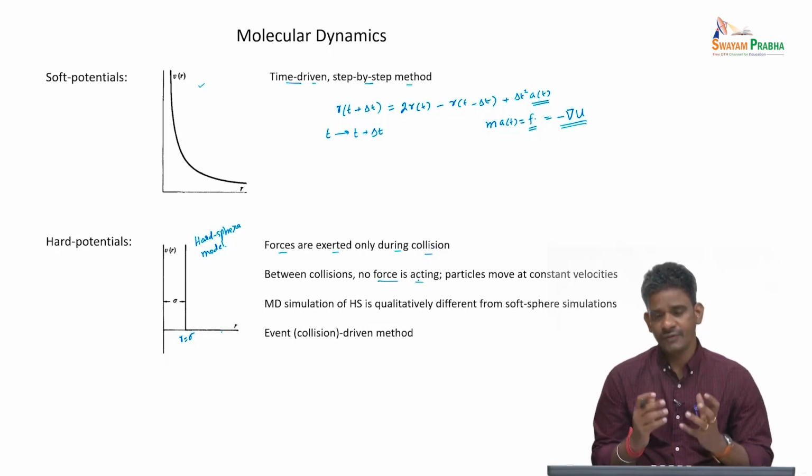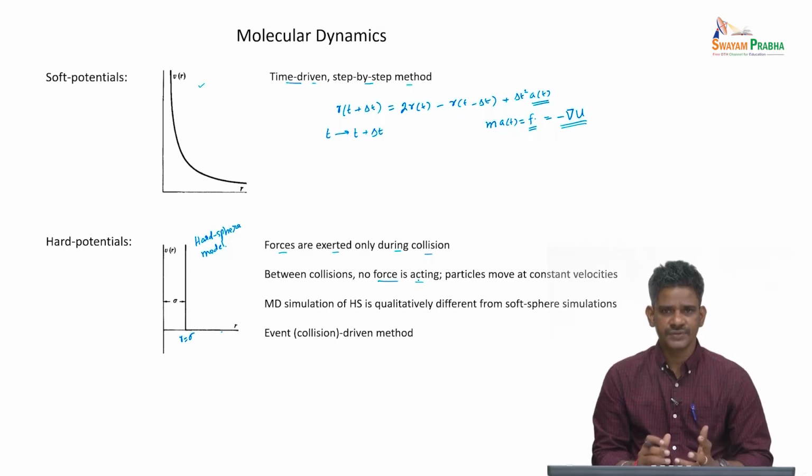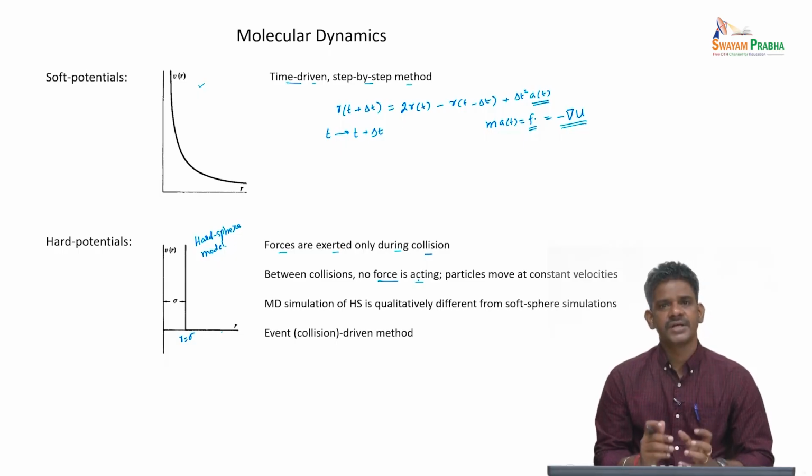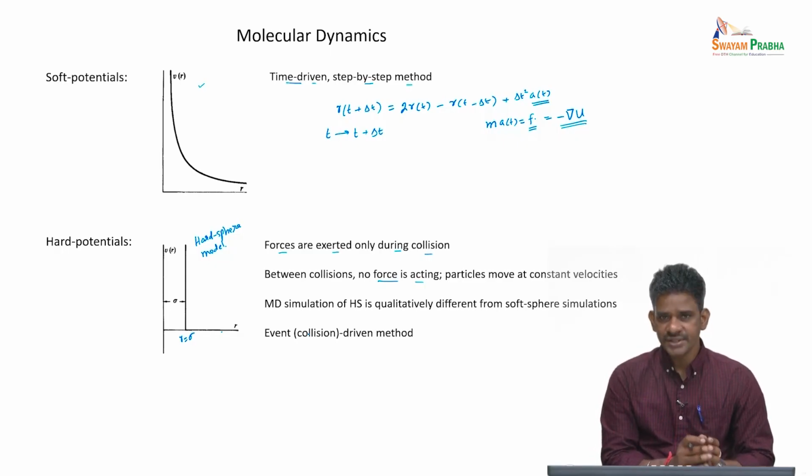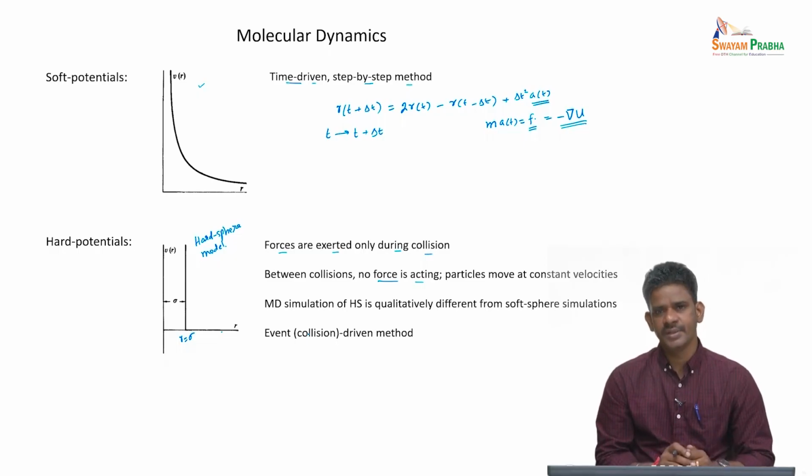So, we have to think about doing MD simulation of hard spheres a little differently from what we have done for the soft sphere model. The way we construct the algorithm for a hard sphere system is that instead of looking at time and advancing time, we go from collision event to collision event and update particle positions and other variables at every collision.